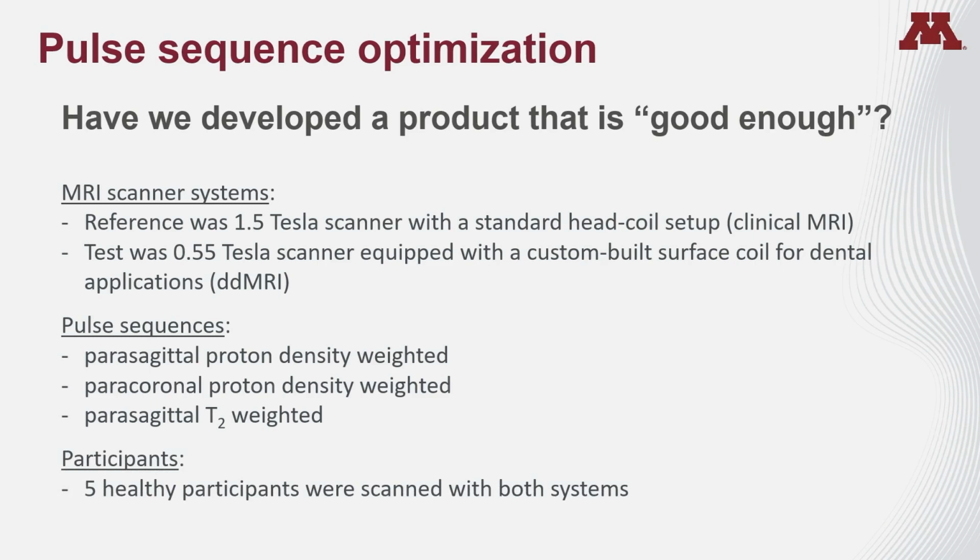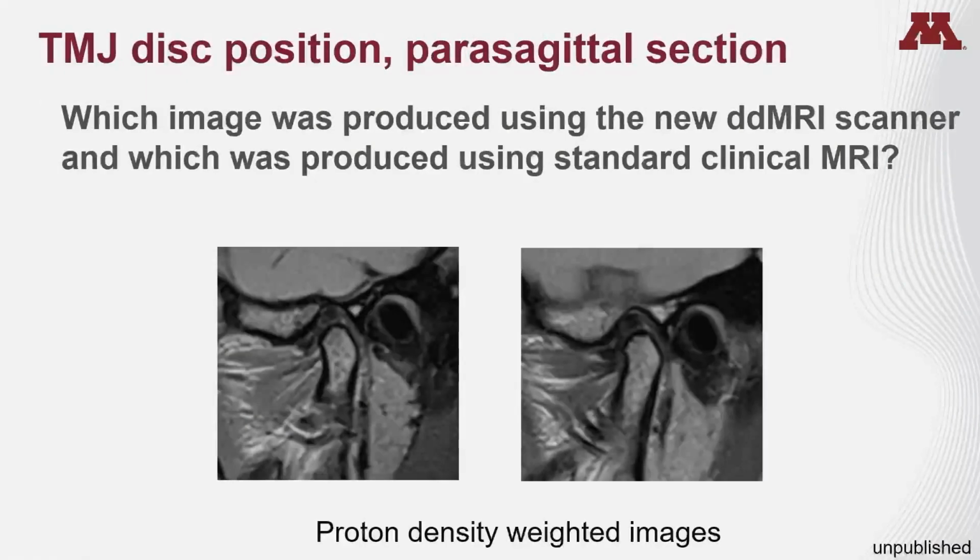Then we sent the pictures to have my residents, my faculty colleagues, as well as a radiologist and a neuroradiologist look at it. So here's the audience participation. One image is from the typical clinical scanner. The other is from a 0.55 MRI scanner.